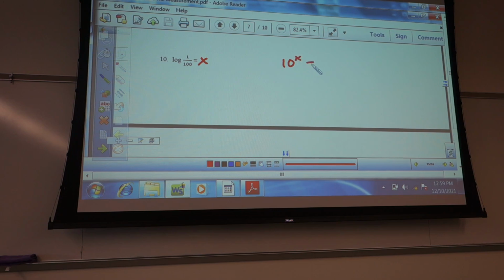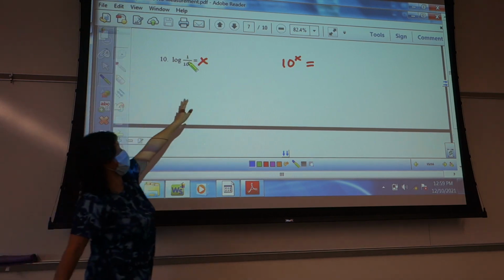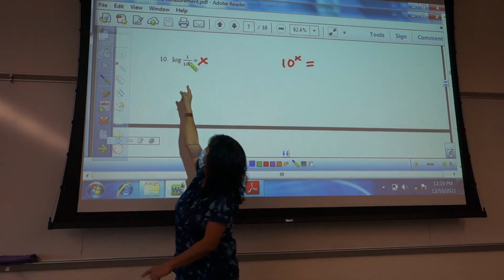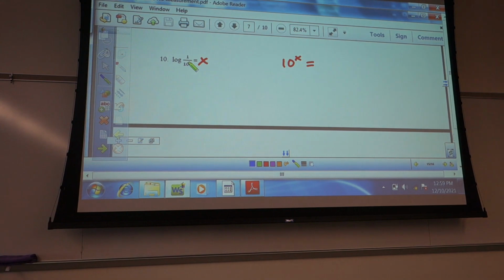What's my answer? No, not the exponent, what's this thing here? That's what I'm asking for. Remember, base, exponent, answer. So when we write this in exponential form, whatever is in front of a log, that's my answer.